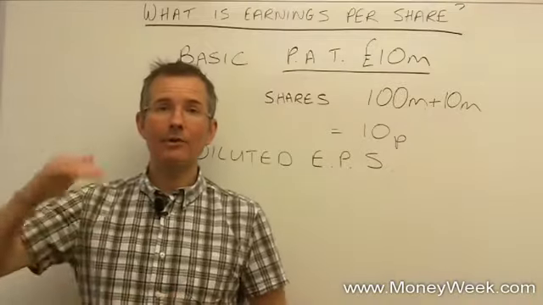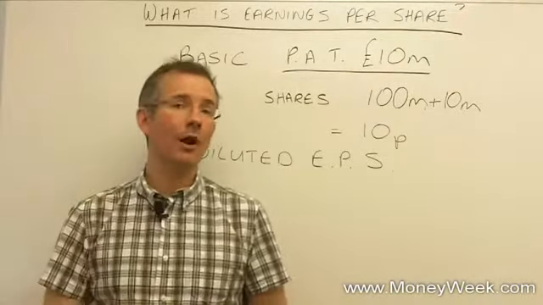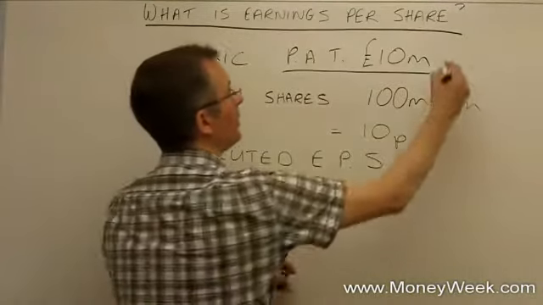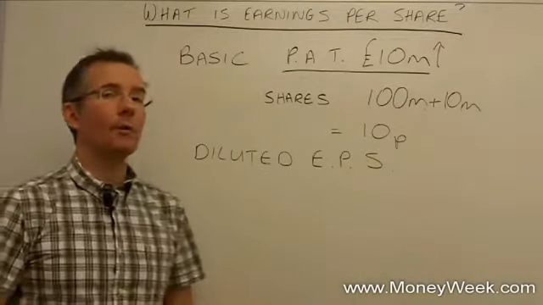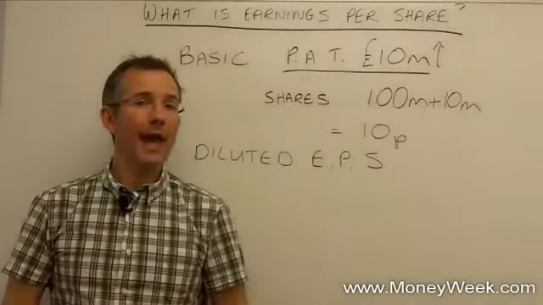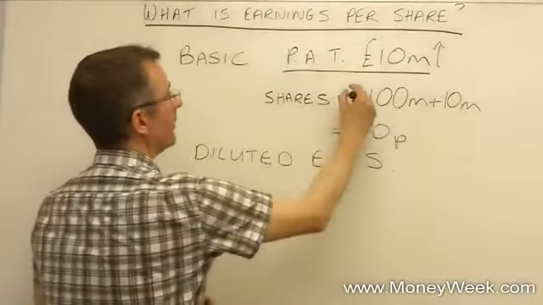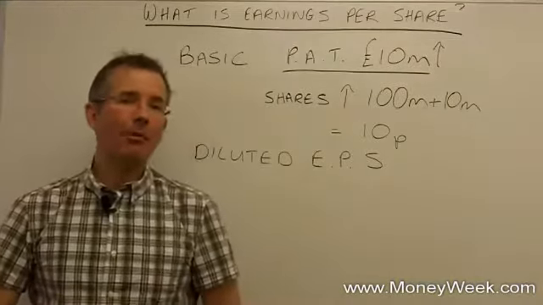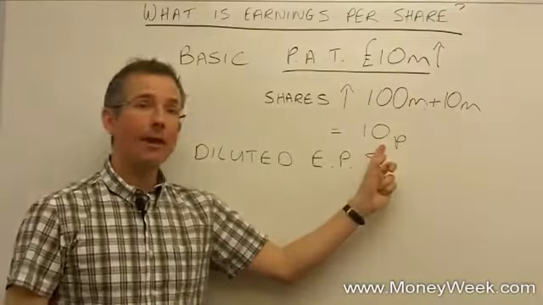What would happen is on the balance sheet, debt would disappear and suddenly the number of shares issued would rise. So here, it would boost profit after tax a little bit, because suddenly we don't have an interest charge on the debt going through the profit and loss account, and it would increase the number of shares in issue. It would still on balance probably be dilutive. Now what that means is the 10p would shrink a bit.